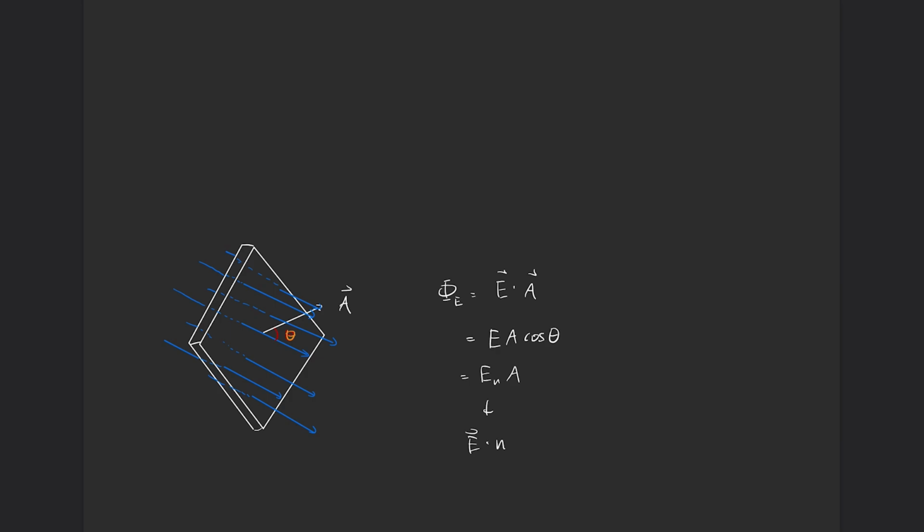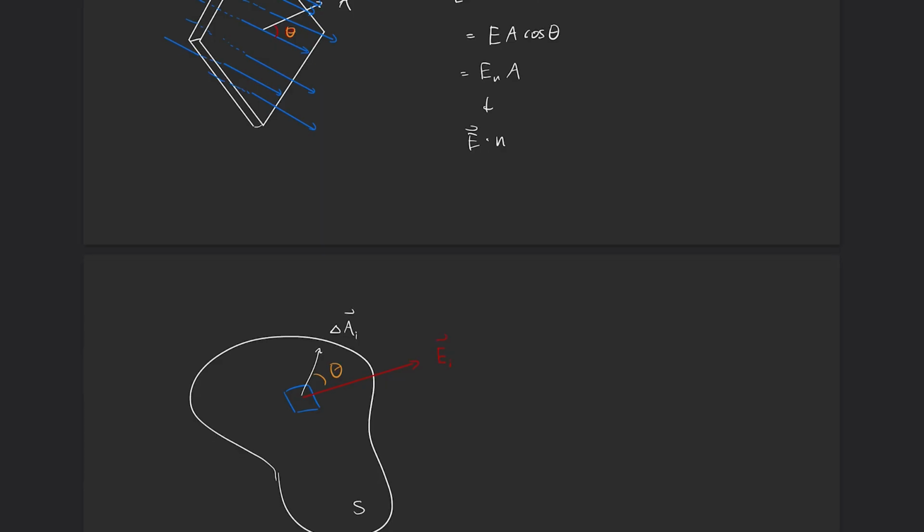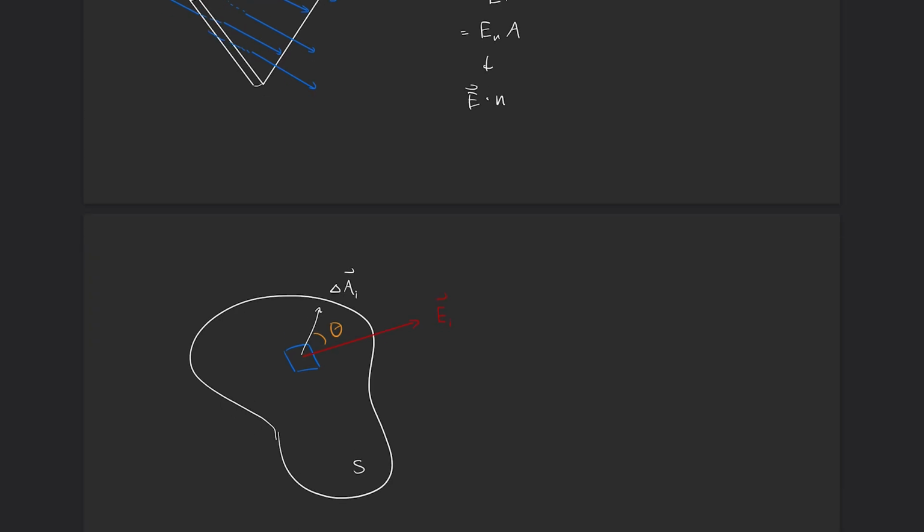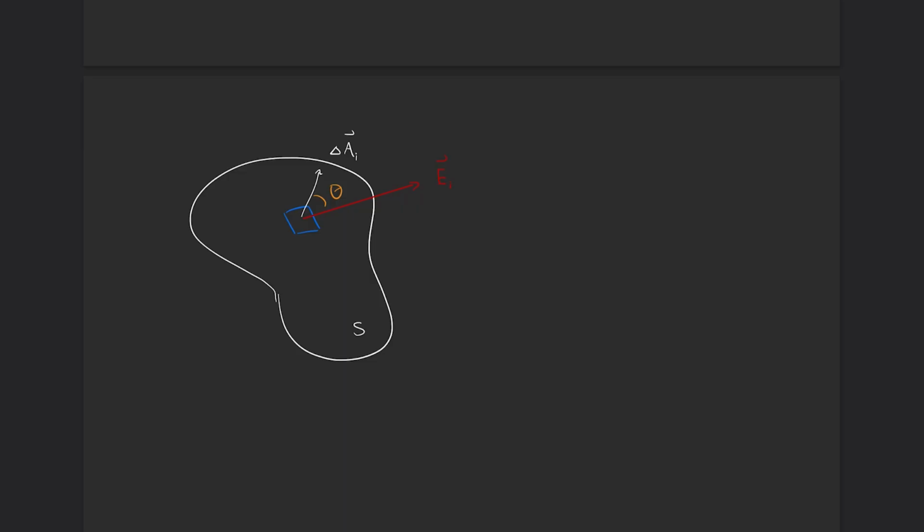Well, now we can look at the general case where a surface S can be curved, and the electric field E may vary over our surface, so it's not a uniform electric field. But we only care about the case where the surface is closed. A closed surface means that it encloses some volume.